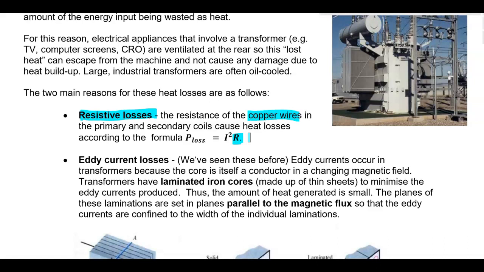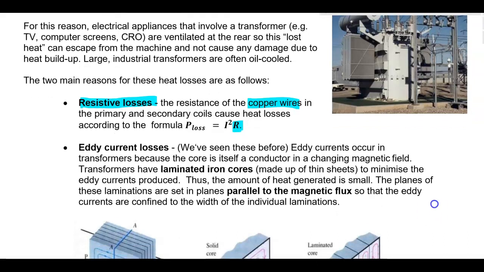So we use copper. If you really wanted to, you could maybe use gold. Depends on how expensive you want to make your transformers.